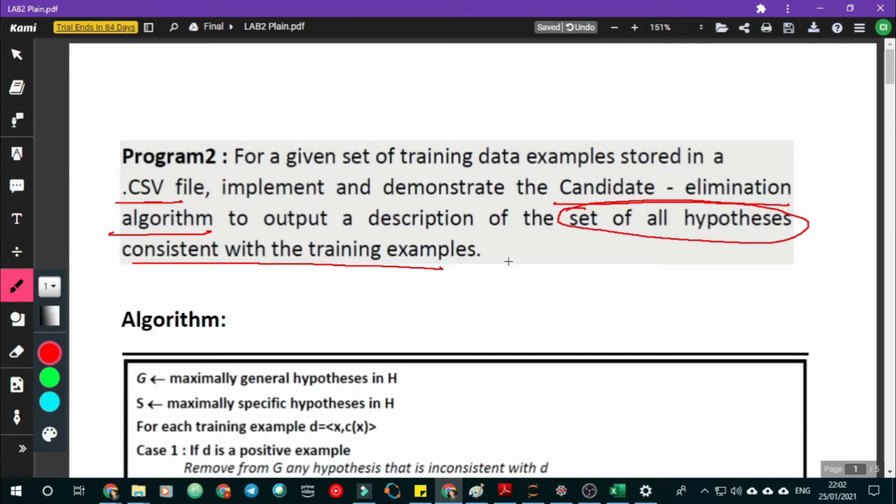So this also sounds similar to the first lab program, but how is it different? This is candidate elimination, that is find-S algorithm.